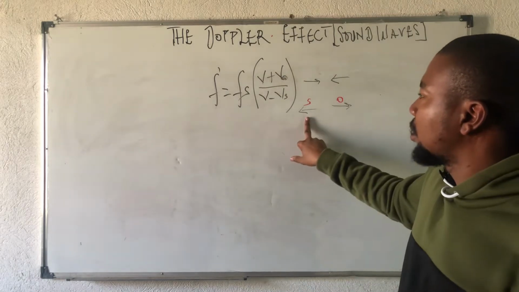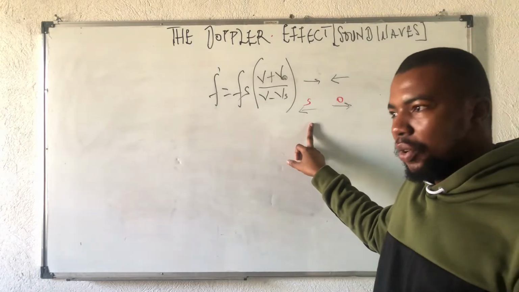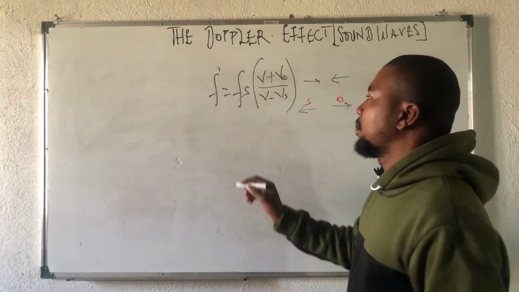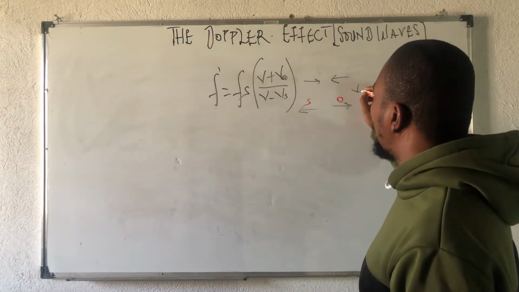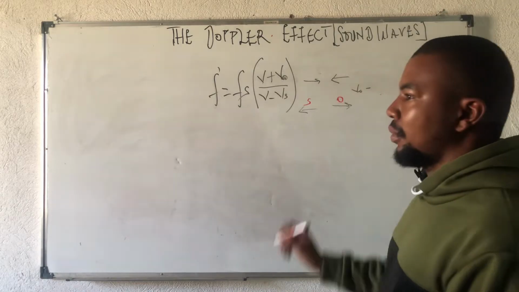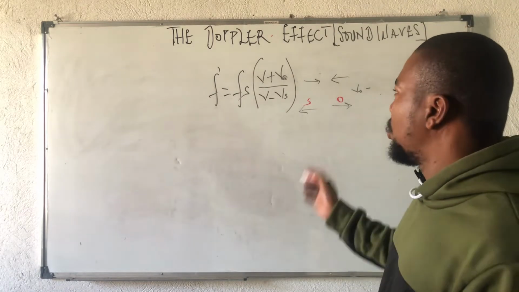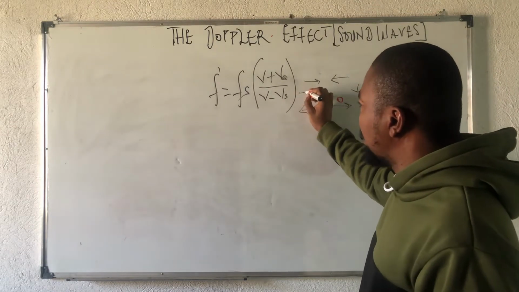If the source and the observer are moving away from each other, then the velocity of the observer becomes negative. It becomes a negative value, while the velocity of the source also becomes negative.